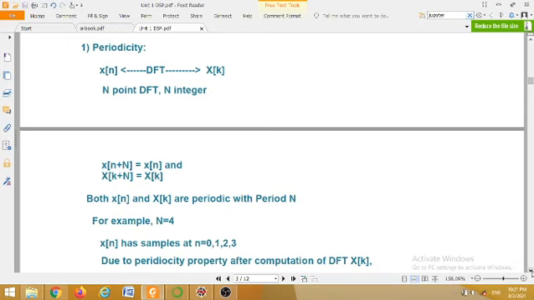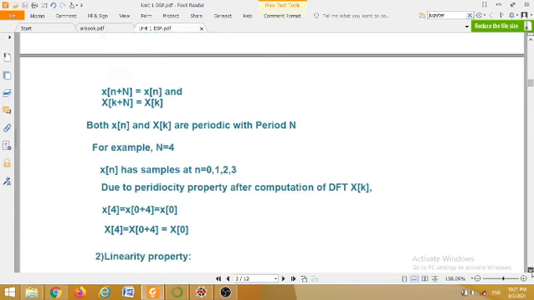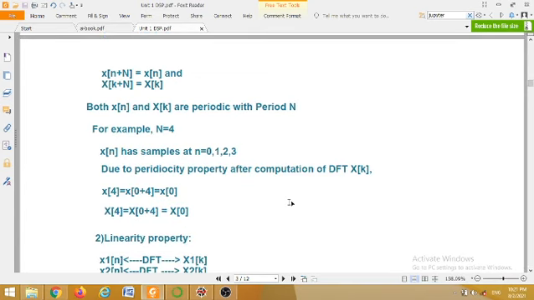This happens once you have found the DFT of the sequence x of n, that is X of k. After finding X of k, both x of n and X of k become periodic with period N. So x of n would have 4 samples, 0, 1, 2, 3.